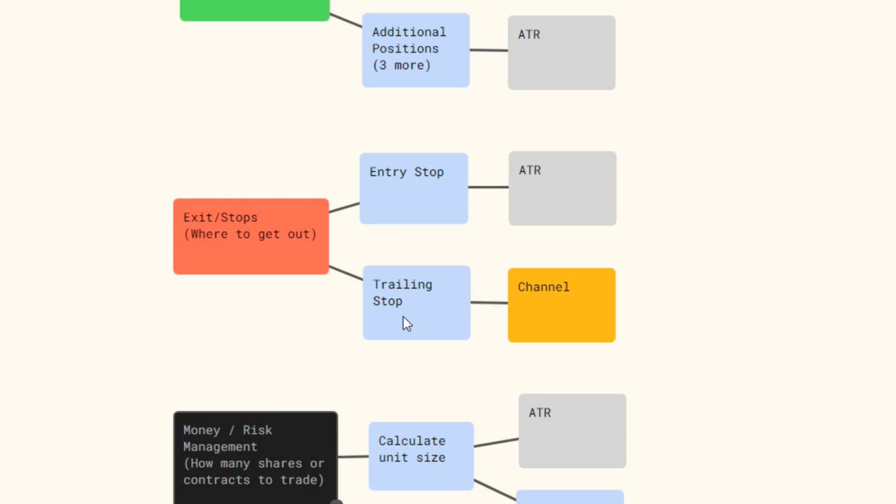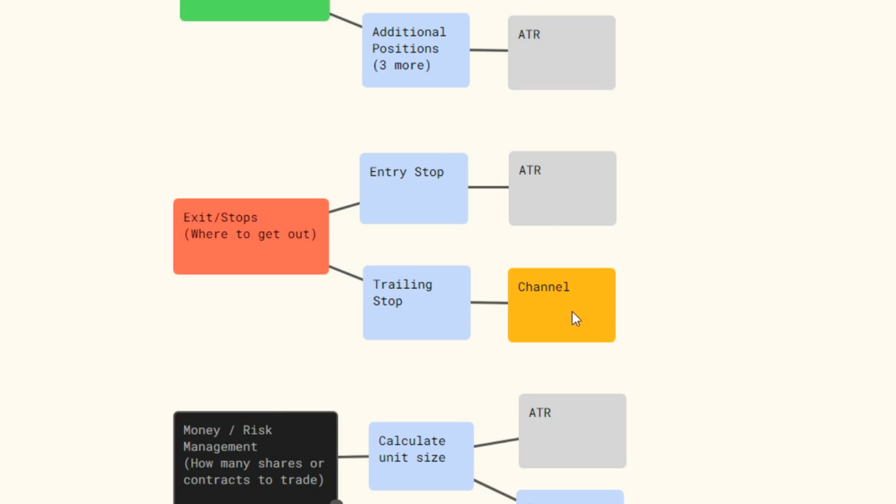This will be where you lock in profits, hopefully, or get you out of the trade. This initial entry stop is to provide protection in case the market goes against you. The trailing stop moves and adjusts itself as the trade moves in your favor. If the trade doesn't move in your favor, then you're going to be stopped out with the entry stop.